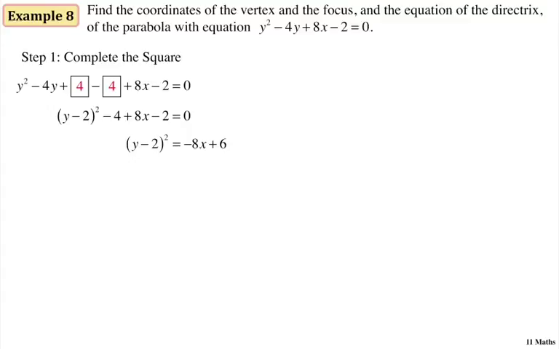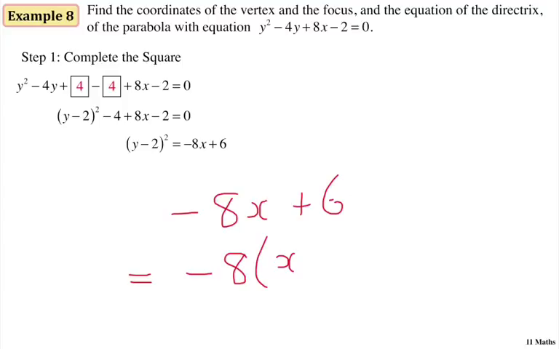And this is where the trickiest part happens. Now, if I have this, which I do, I need to take out a common factor of minus 8 so that I end up with x. Now I know that I need a minus here because minus 8 times a minus gives me the plus I'm looking for.